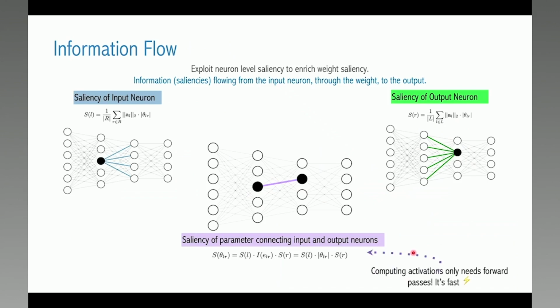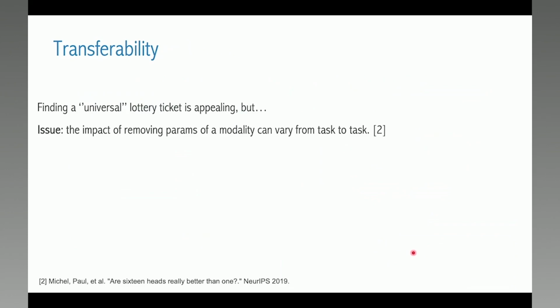What is the advantage of doing that? The advantage is that this approach is fast because it basically relies only on computing the activations, and so it only needs some forward passes. This addresses our first issue, the issue about efficiency, but then there is another issue.